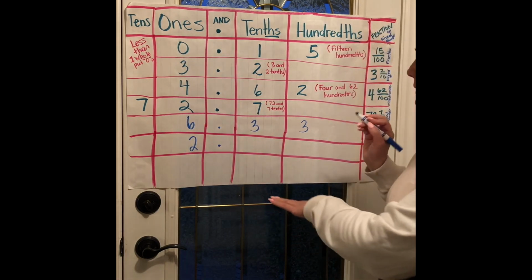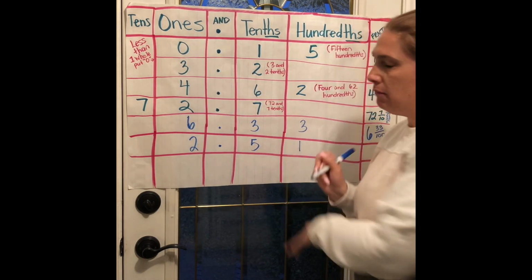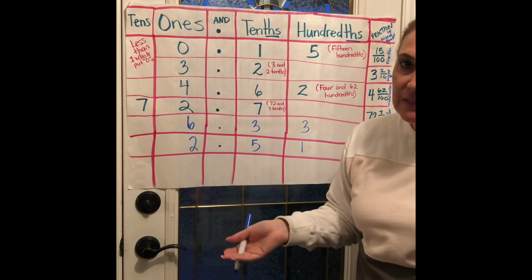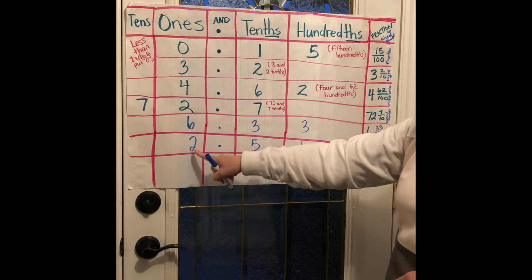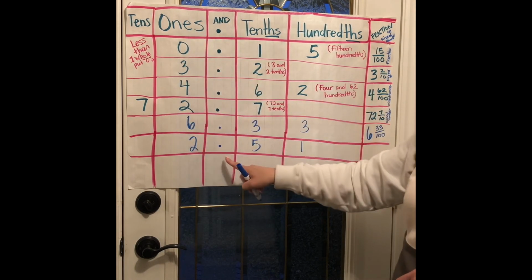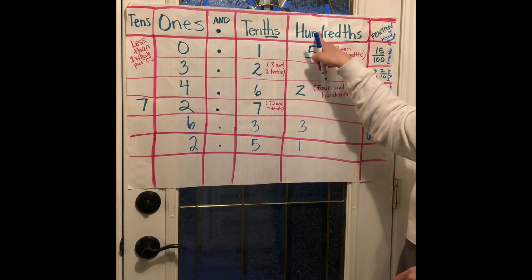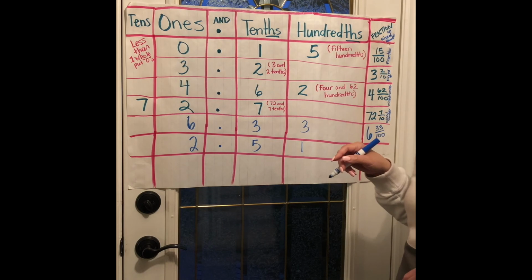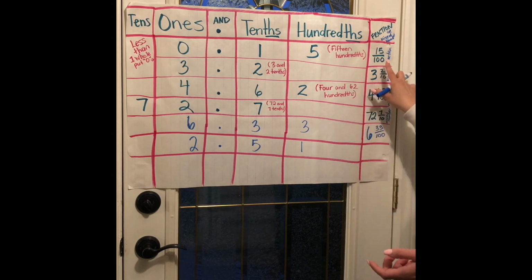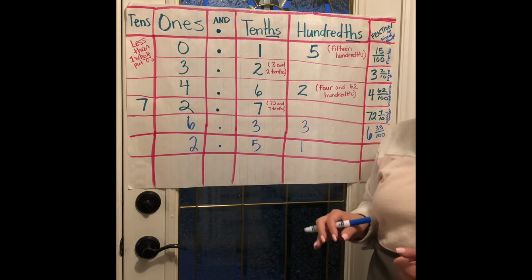2.51. Is that how we say the number, 2 decimal 51? No, we don't. So we've got 2 whole numbers and 51 hundredths. So think about how you're going to write that as a fraction. Is it going to be just a regular fraction, like 15 over 100, or is it going to be a mixed number fraction?